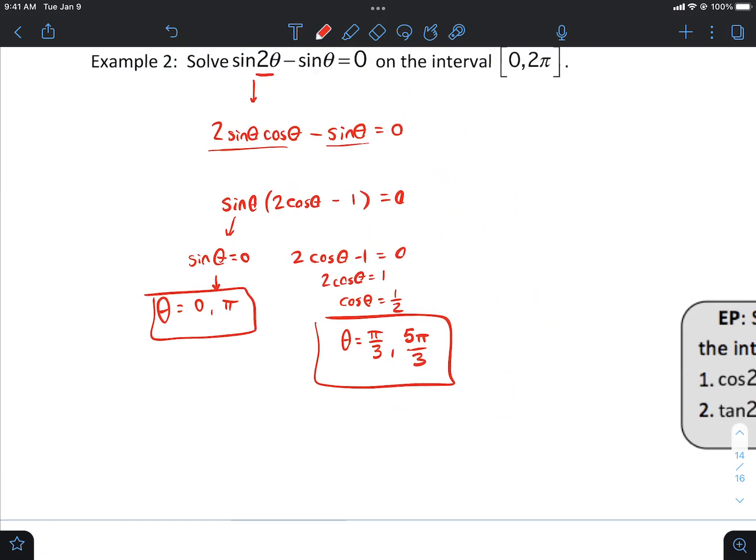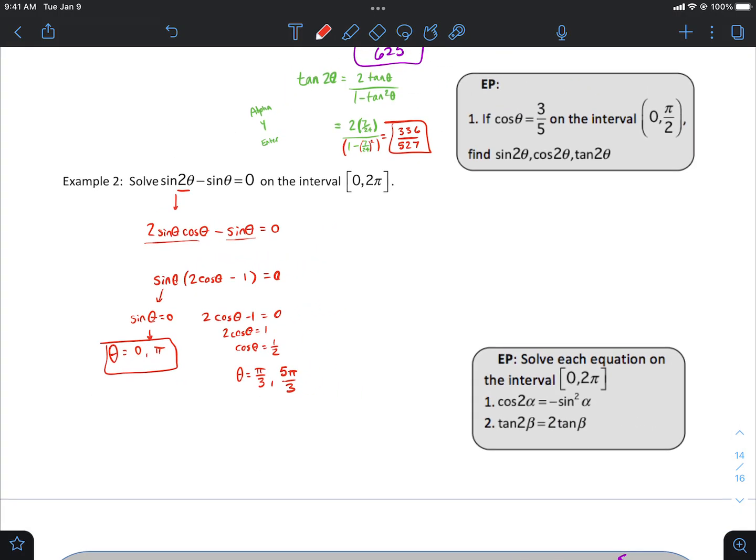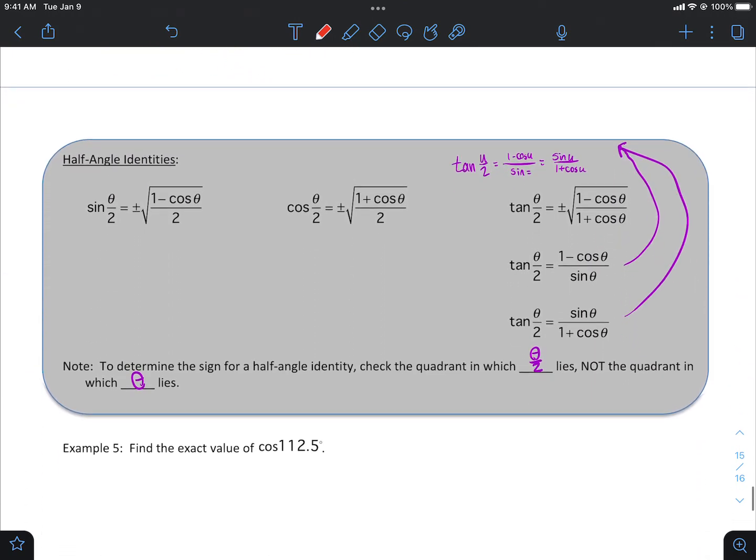So it's basically just expanding it out a little bit more. Really not too bad on those. The ones that get a little more variation are going to be the second half here, the half angle identities. You've got 1 for sine, 1 for cosine, and there are actually 3 for tangent.